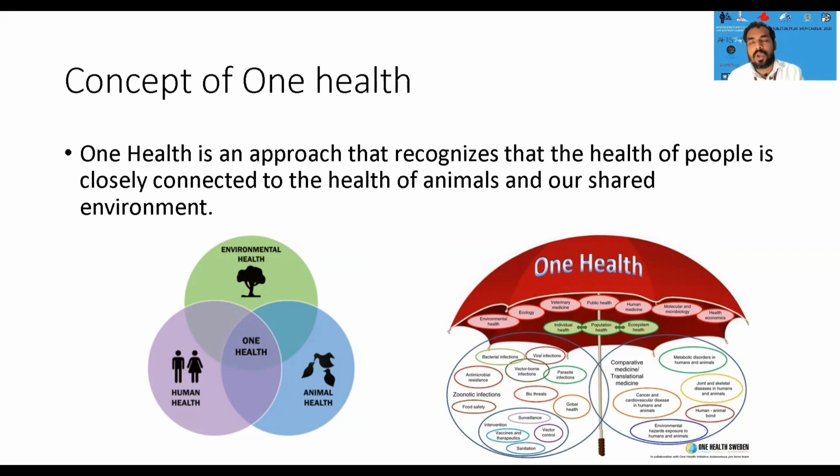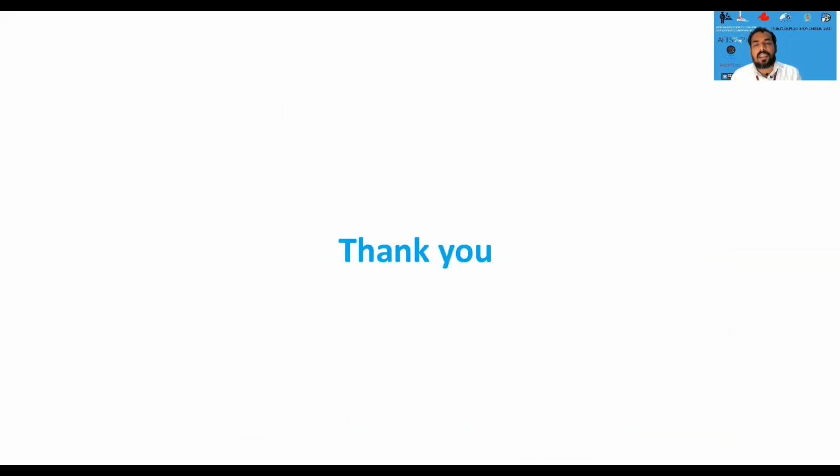So we need to have a 360-degree view, and we need to understand that the antibiotic usage in all these 3 situations we need to manage as a whole to tackle the antimicrobial resistance problem in the coming future. So with these words, I am winding up my section, thanking you for your patient listening.